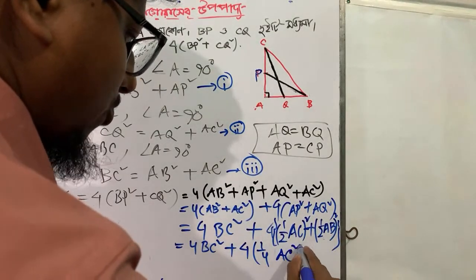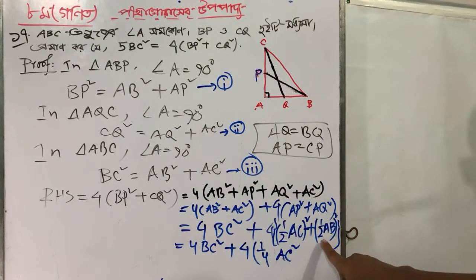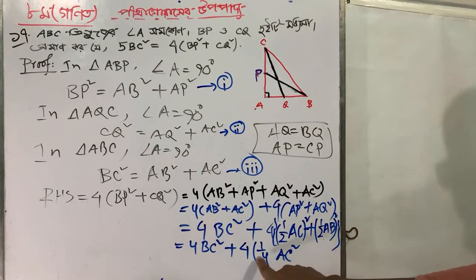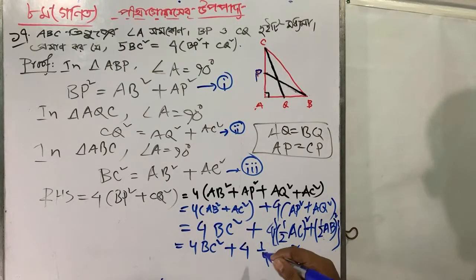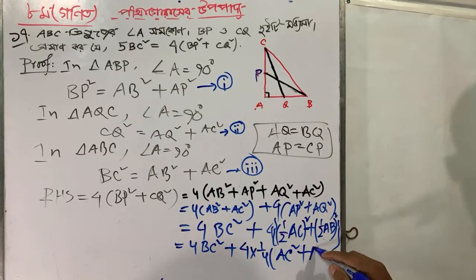This is AC square, and then from here I have another 1/4 which I took as a common quantity. So I have AB square.